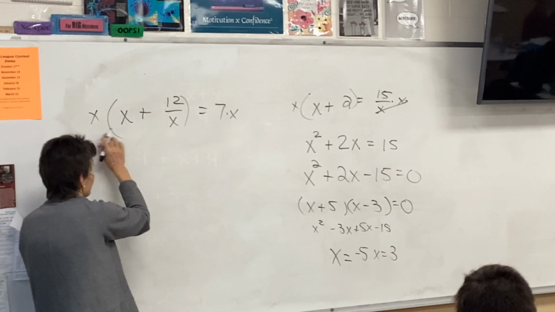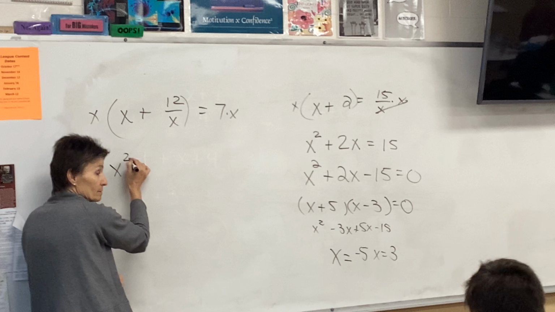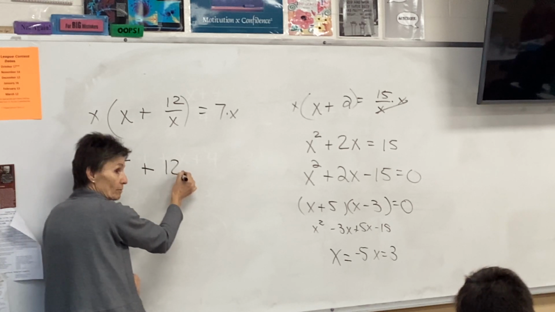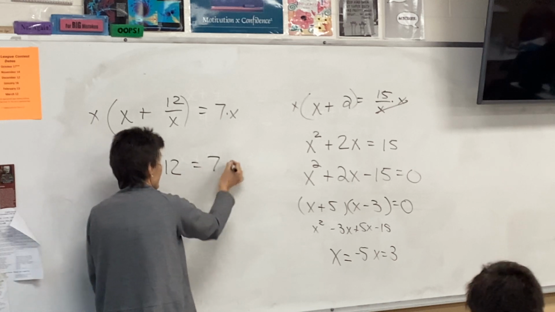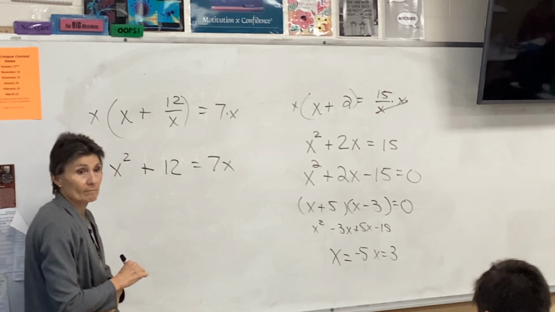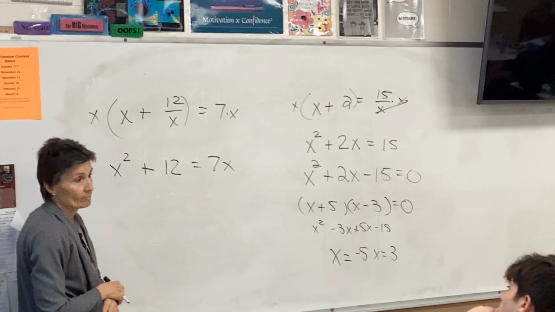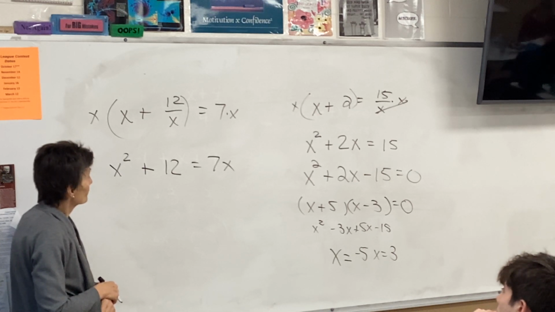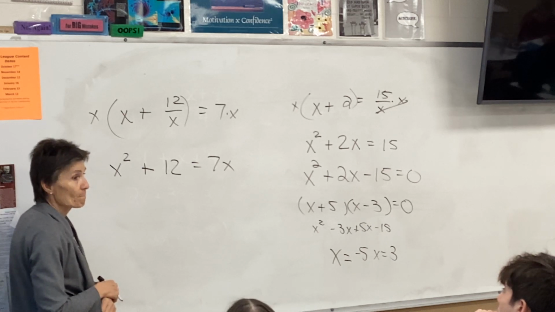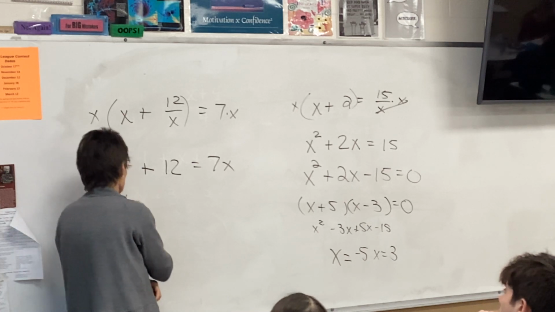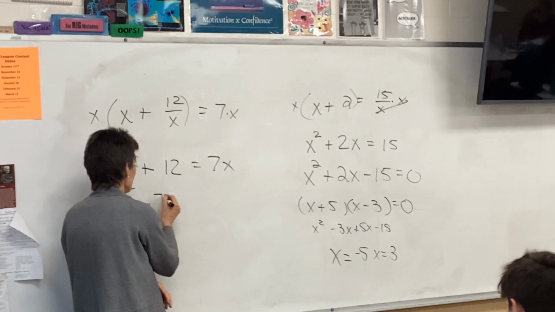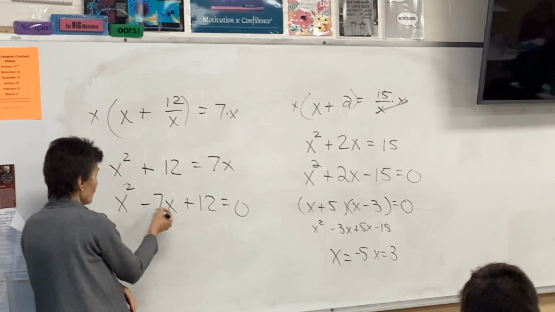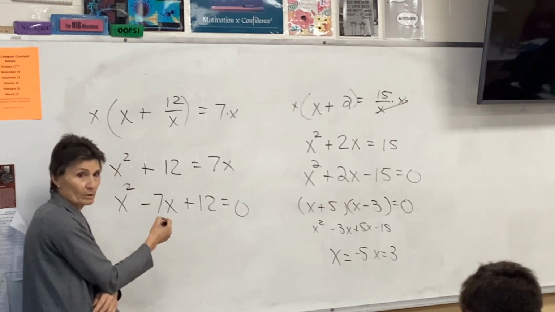So we'll have x squared plus 12 equals 7x. And then what? Subtract 7x over. So x squared, and I'm gonna go ahead and put it in the middle. I'm gonna move the 7x over, but I'm gonna put it in the middle because that's where it looks like it belongs.